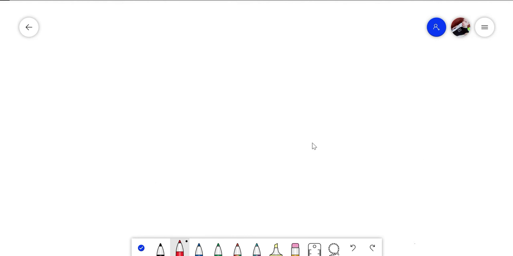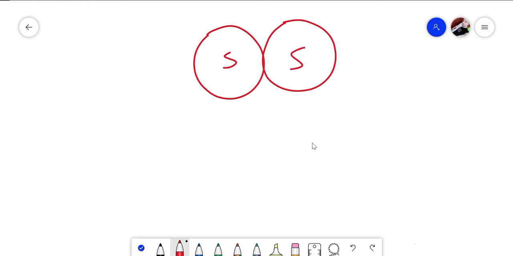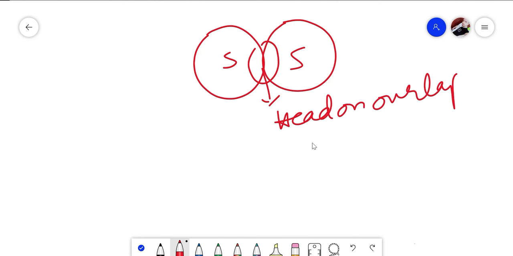Okay. If this is s orbital with another s, so s with another s. This is the head-on overlapping, and the result is a sigma bond. Okay.